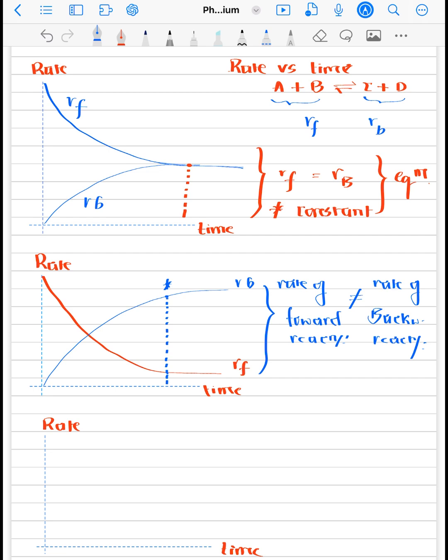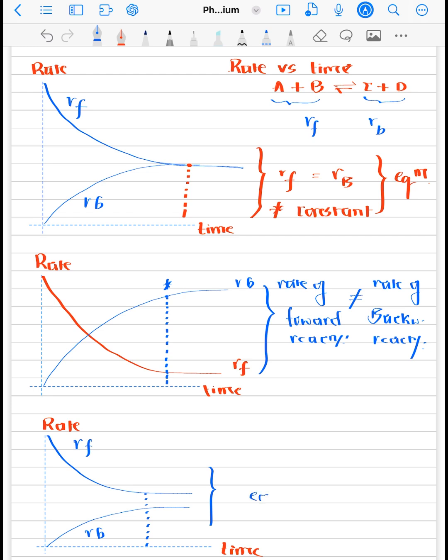Fine. So the third and final type of graph that one would observe is that as time passes by, the rate of forward reaction of course is going to decrease, and the rate of backward reaction of course is going to go on increasing, but they are not going to be constant, they are not going to be equal.